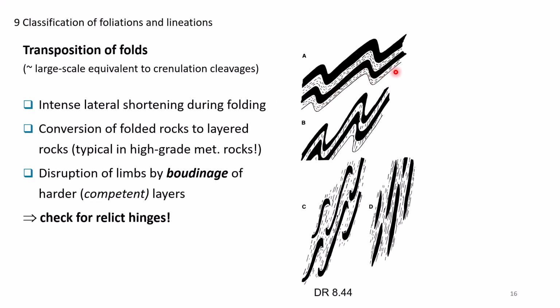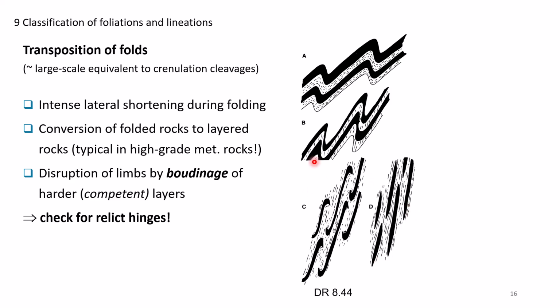Here we can see how folds develop and how they, with increasing lateral shortening, become tighter and tighter, and the amplitude increases. We can see here that this lateral shortening converts the rock into a pattern where we see lenses of more competent layers interbedded with less competent matrix material.